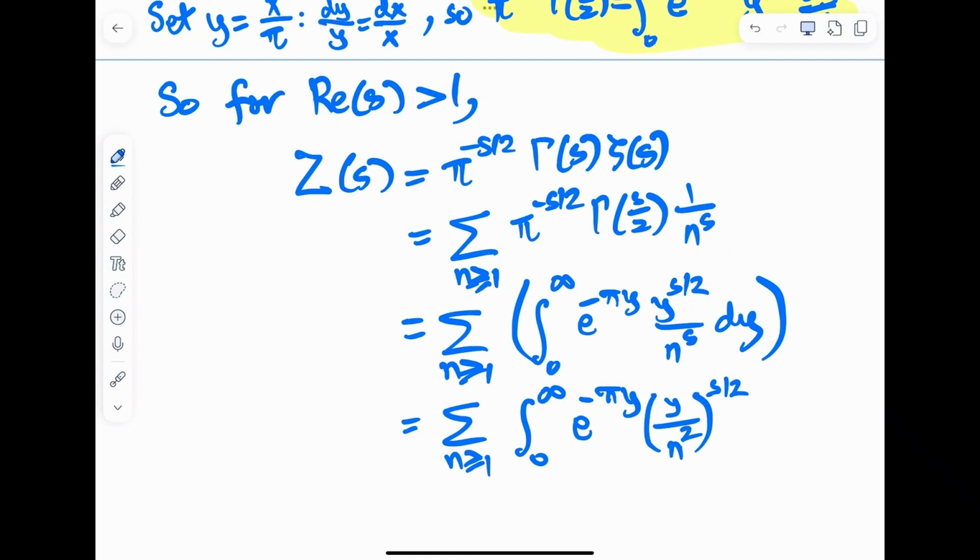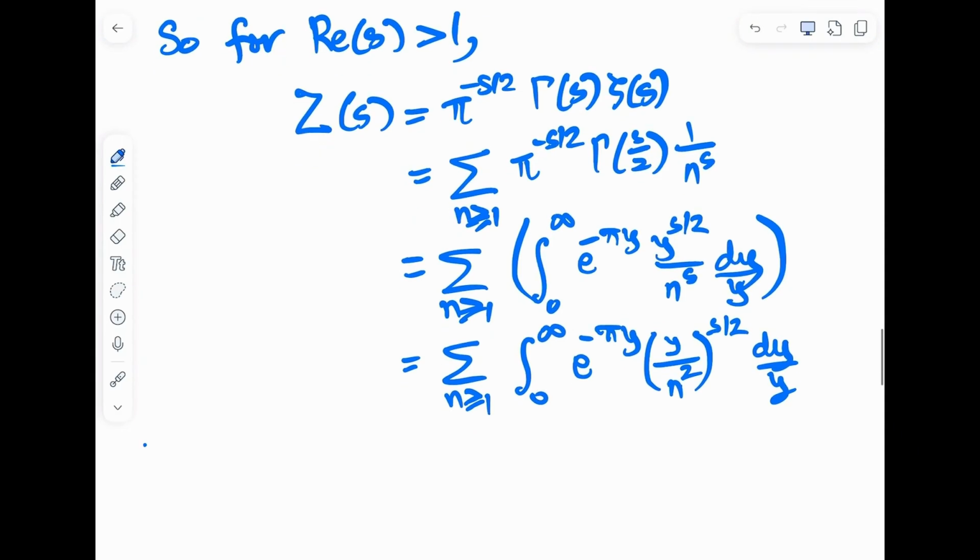When I raise it to the s halves, oh my goodness, yes, I left off dy over y. Now we have another multiplicative change of variables. Let u be y over n squared. For each of these integrals, n squared is a fixed number, so du over u is dy over y.